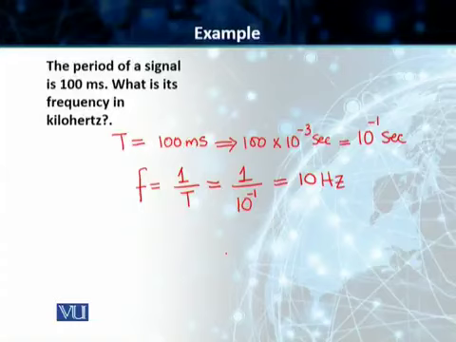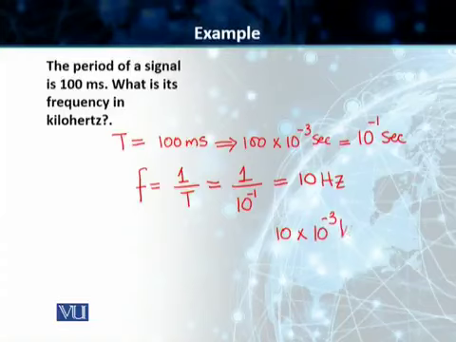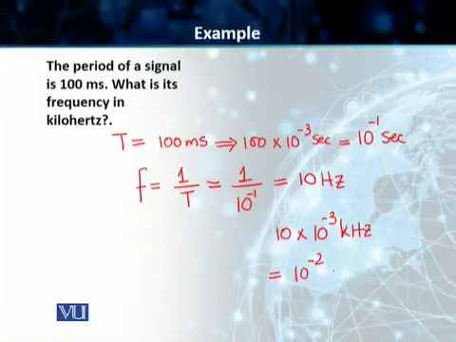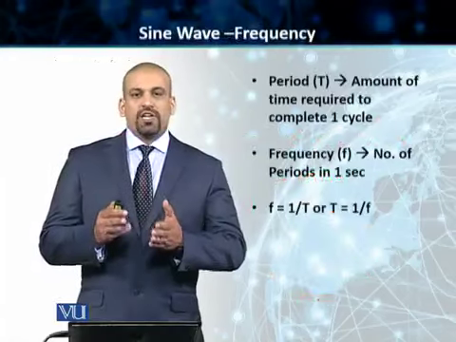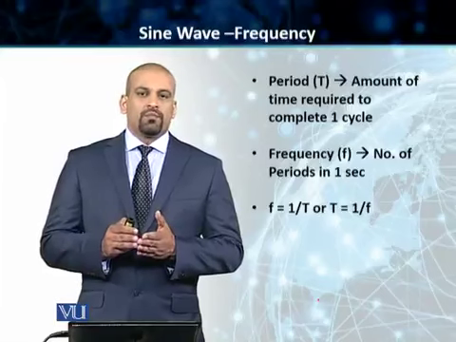So if you multiply this by 10 raised to the power minus 3 kilohertz, you will come up with a value of 10 raised to the power minus 2 kilohertz. So students, this was a little bit about frequency.